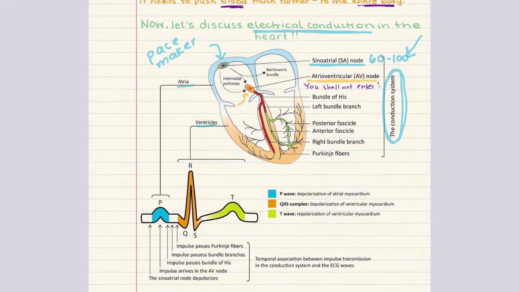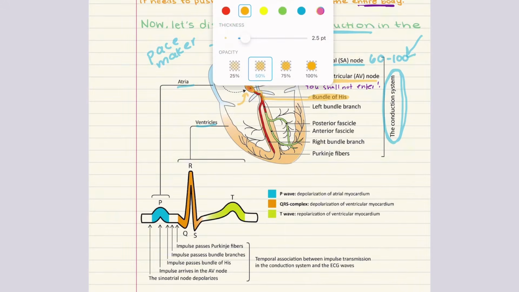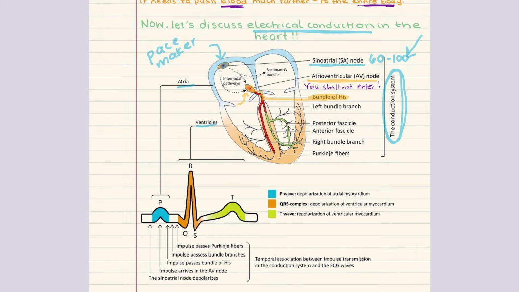After the AV node, the signal travels down the bundle of His, which is a pathway of fibers that runs down the interventricular septum, the wall between the two ventricles. This bundle then branches into the left and right bundle branches, which carry the impulse down either side of the septum.